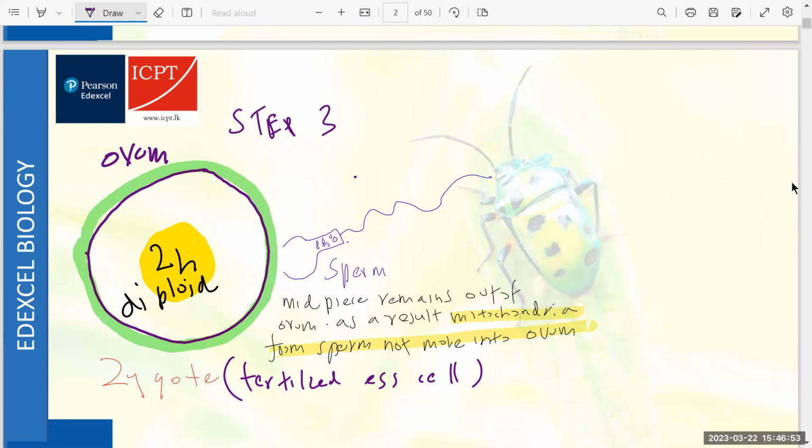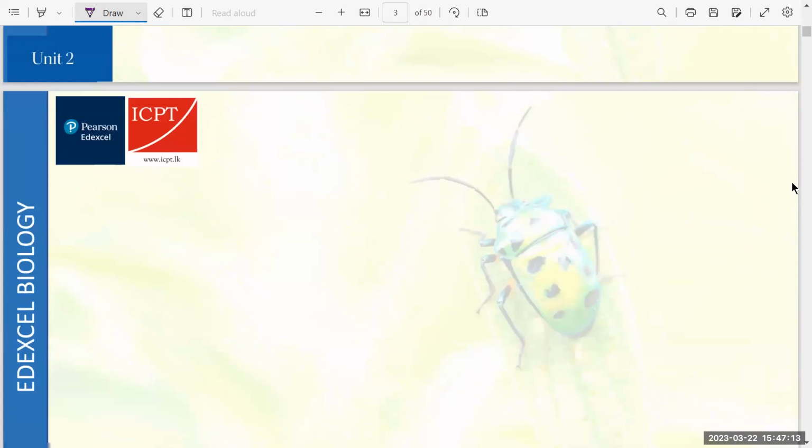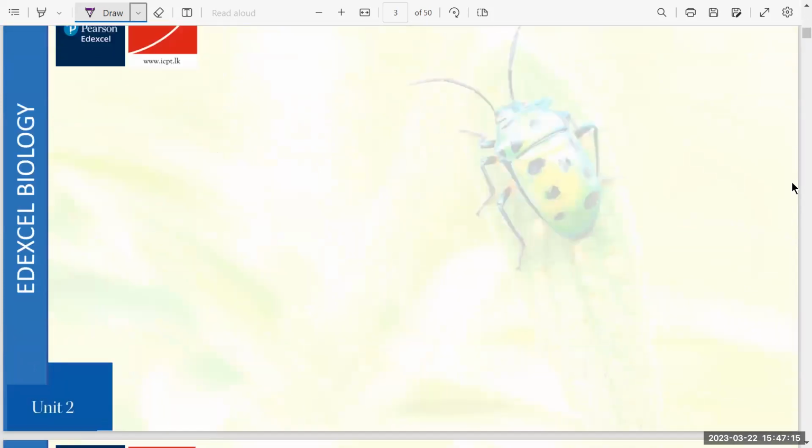So we have completed this section, fertilization of plants and mammals. In your workbook, what is the next lesson? Yes. Practical 6: prepare and study slides to observe the stages of mitosis.